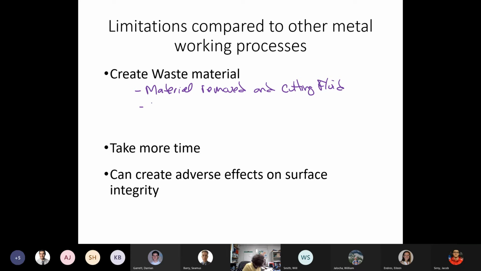And then we often use more energy and time. So machining can take longer to do the entire part, and it can create adverse effects on surface integrity. So the process of machining can actually change the surface of the material.